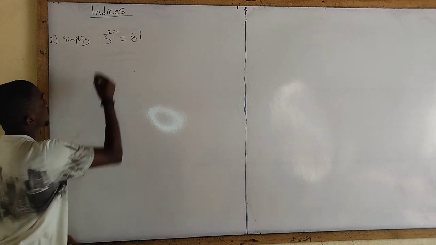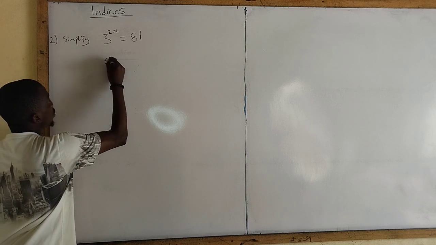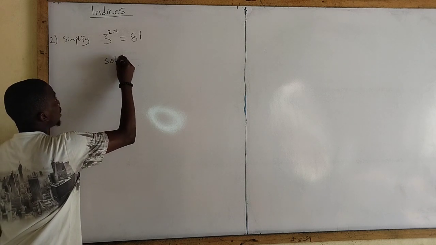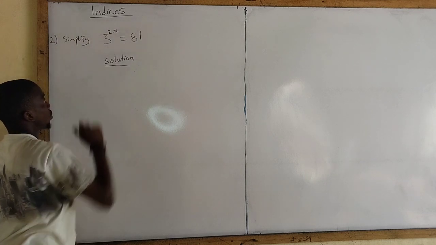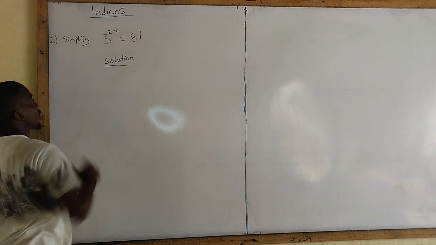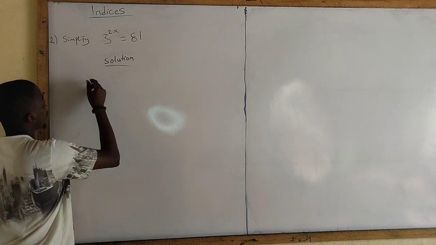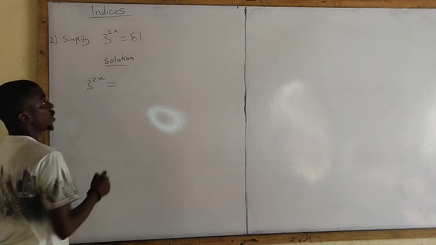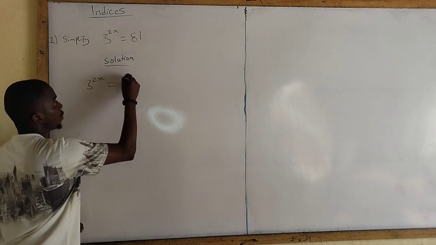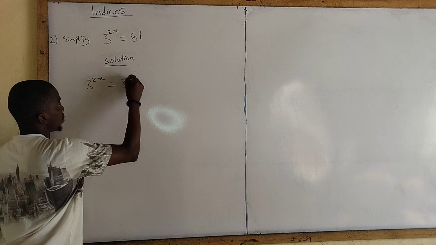But to proceed with this, we have to put everything in its index form. We have to put 81 as well in its index form. So we have 3 raised to the power of 2x equal to, the index form of 81 is 3 raised to the power of 4.